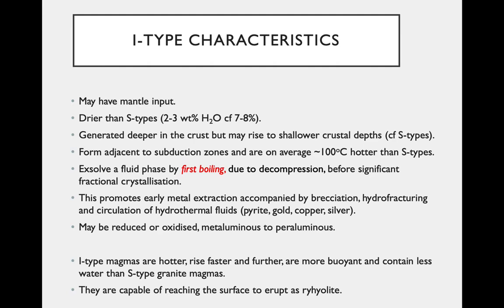But the dynamics of the crystallization and the relatively oxidized condition contribute to partitioning of copper and the crystallization and mineralization in porphyries. So if they erupt, I-types produce rhyolite. They're generally hotter and can rise faster and further than S-type magmas.